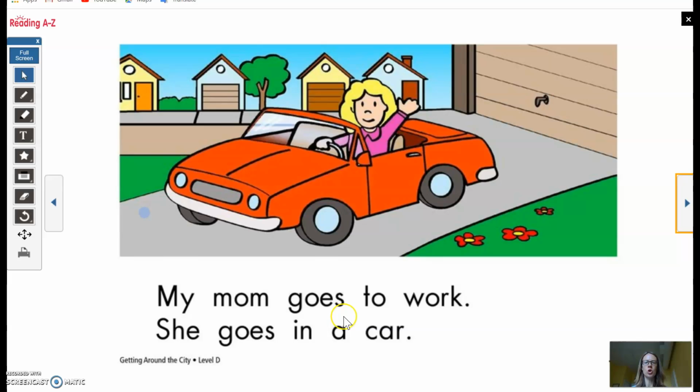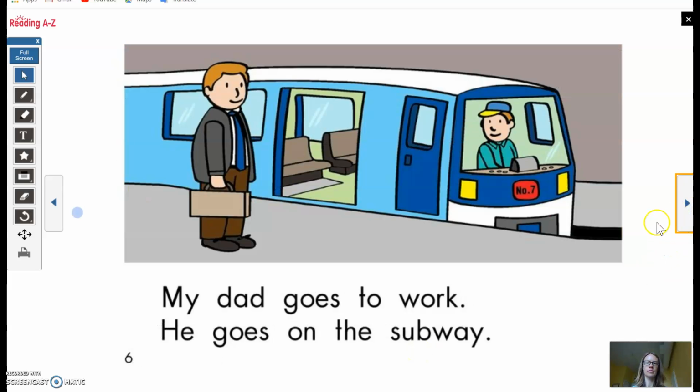My mom goes to work. She goes in a car. You read. Let's read together. My dad goes to work. He goes on the subway.